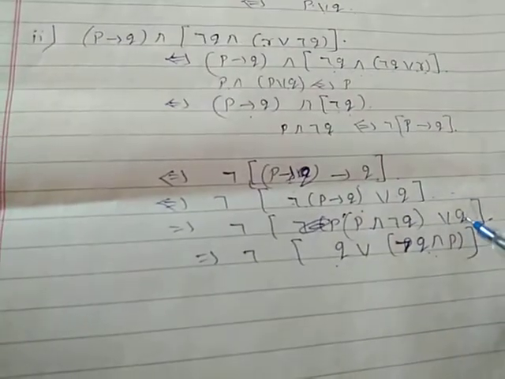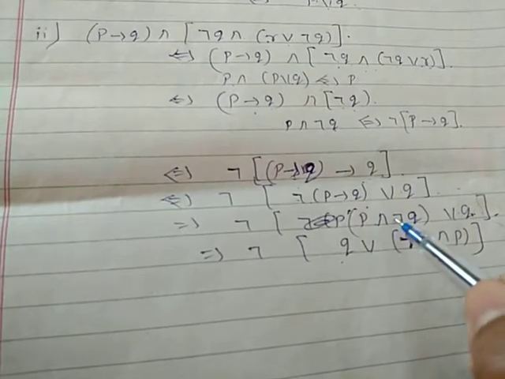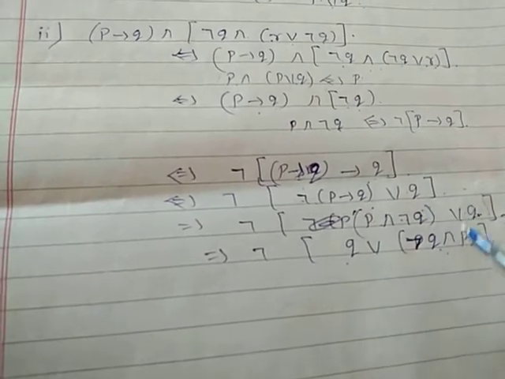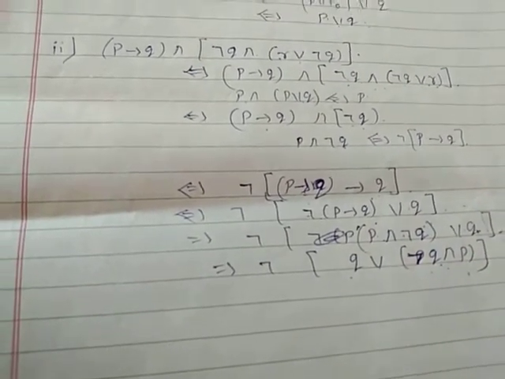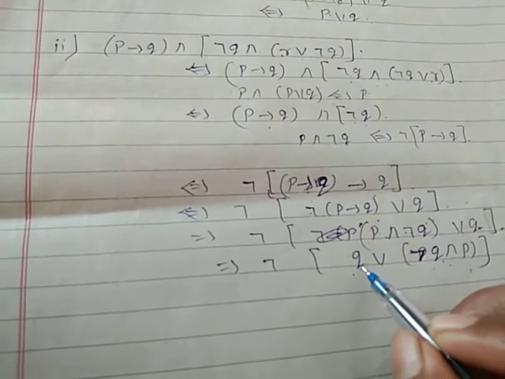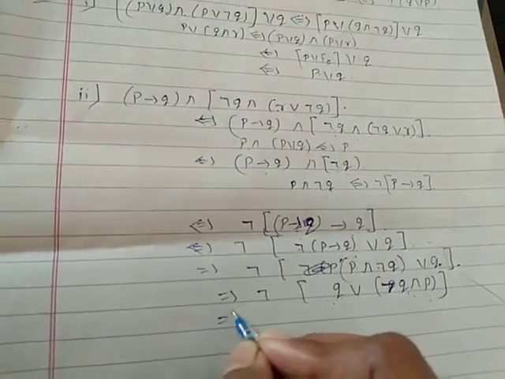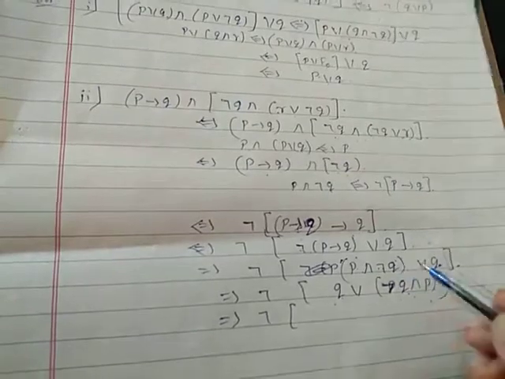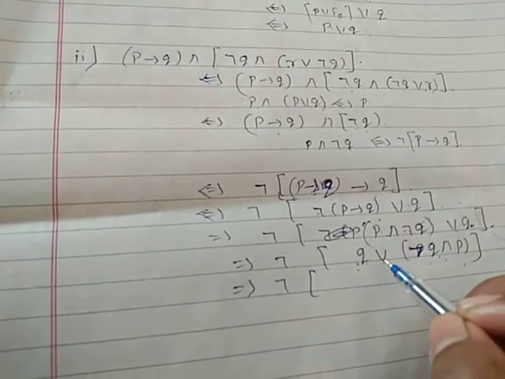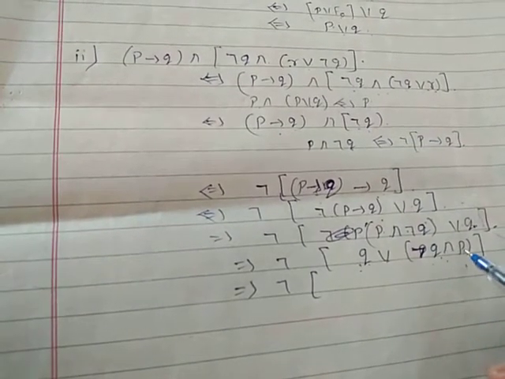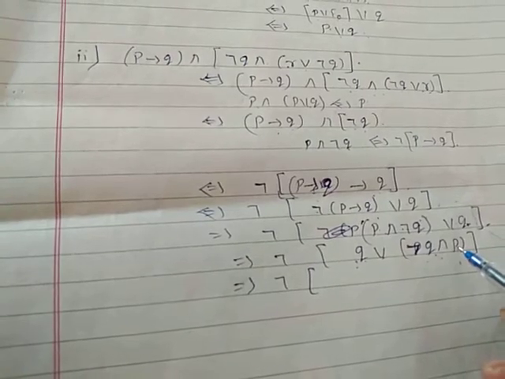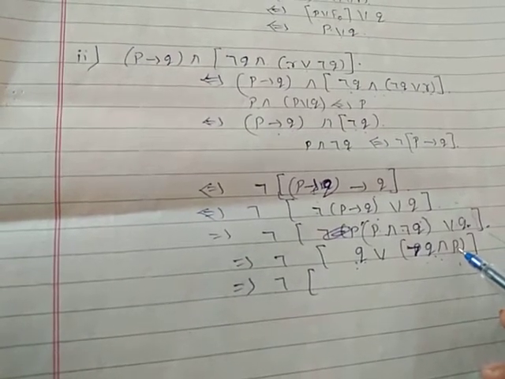First, these two will come under the commutative, Q or P. Next, P and Q will be written as Q and P with the commutative law. Now, I am going to apply the distributive law here.